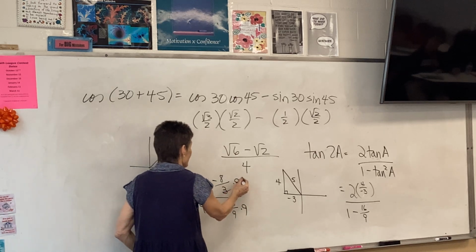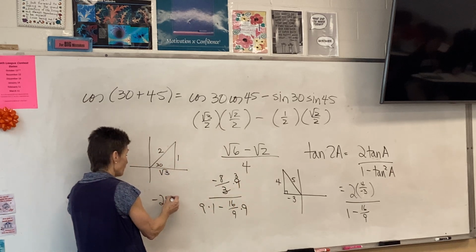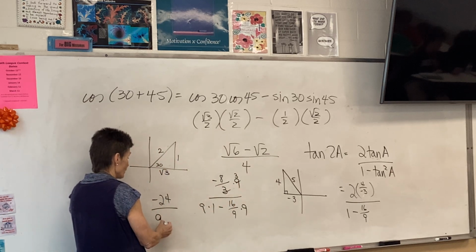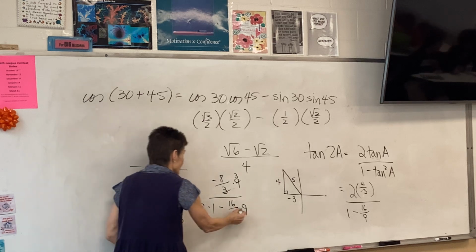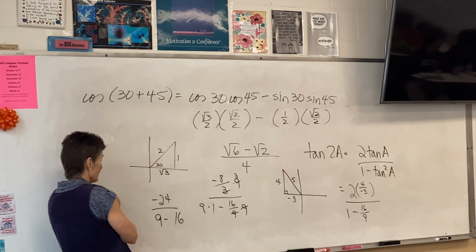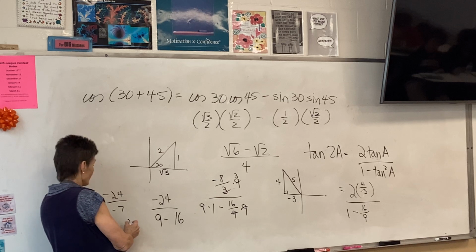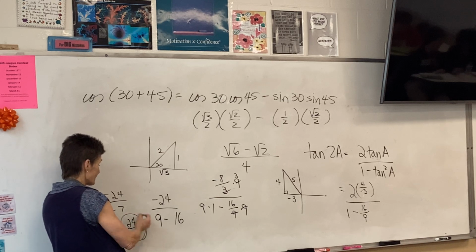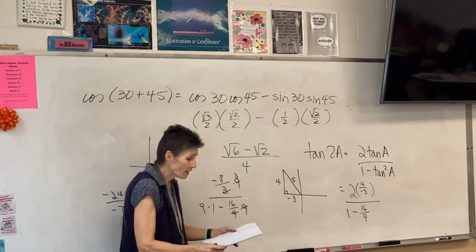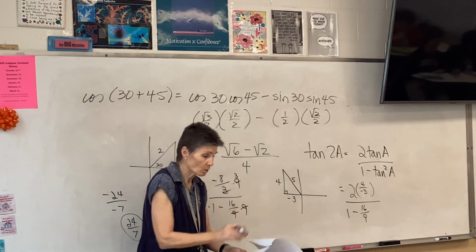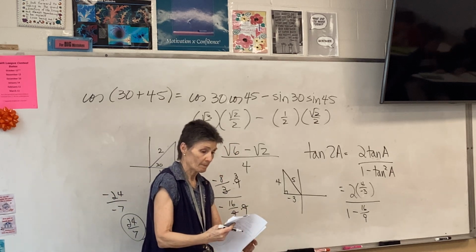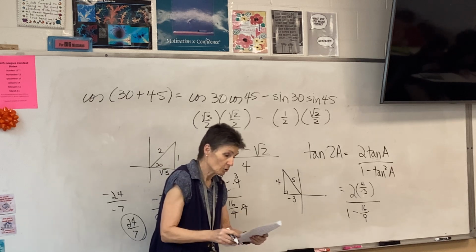This is gonna give me negative 24 over 9 minus 16. That's negative 24 over negative 7, which is 24/7. As long as you are getting 24/7, it's all good.